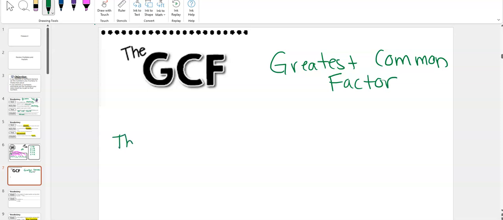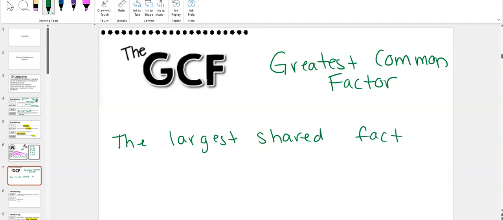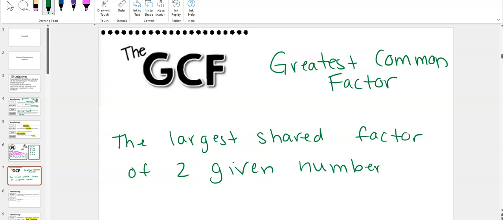Basically, we're looking for the largest shared factor of 2 given numbers. We want the largest number that both of the given numbers have, the largest factor that both of the numbers have that is shared between them.